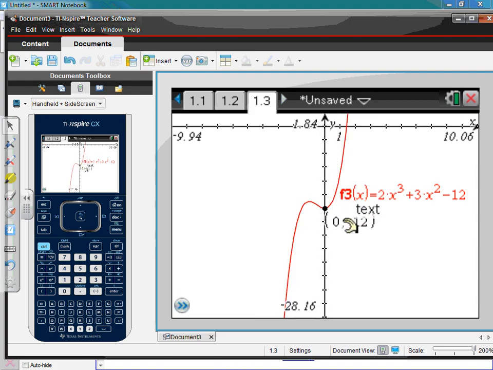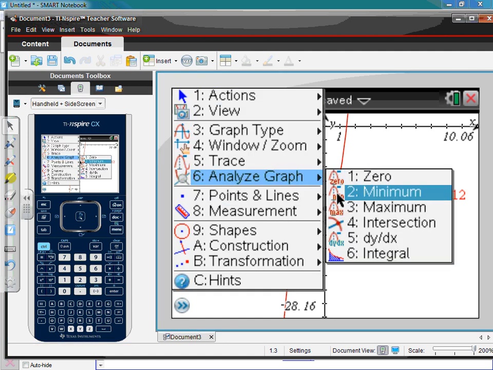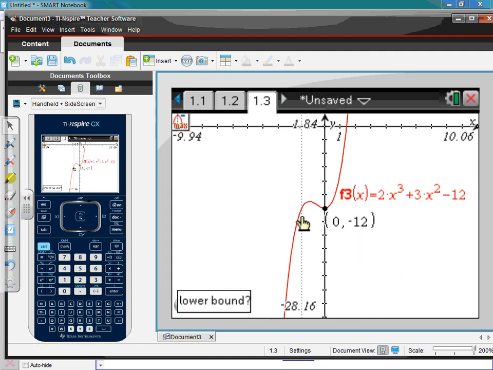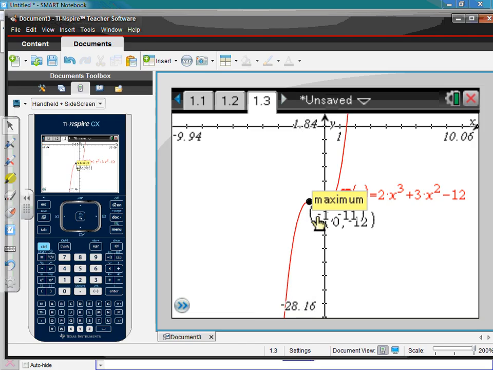And I'm going to click, and there it is. My minimum point is at 0, -12. Now I'm going to go to my maximum. So menu, analyze, max. I go to the left of the hump and the right of the hump. And now I have -1, -11. Isn't that great? It does your max and your min for you.